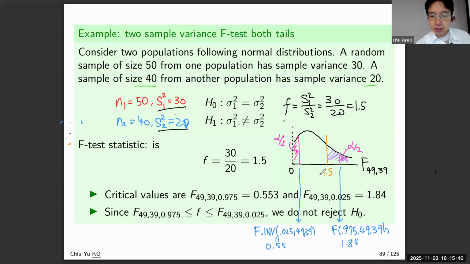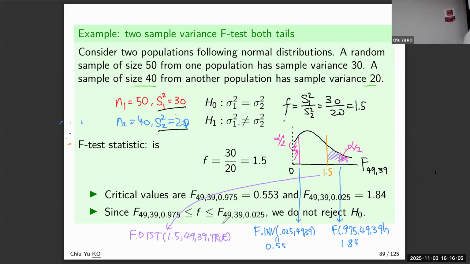So in this case, you will do F.DIST of 1.5, 49, 39, true.